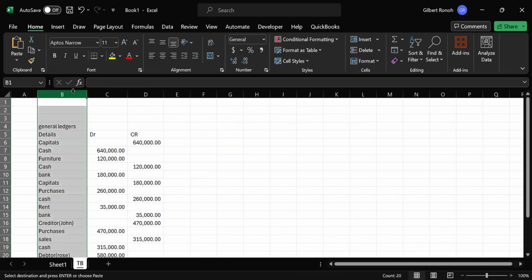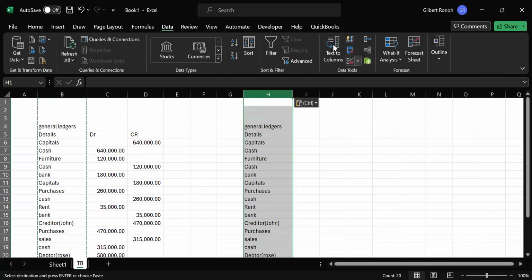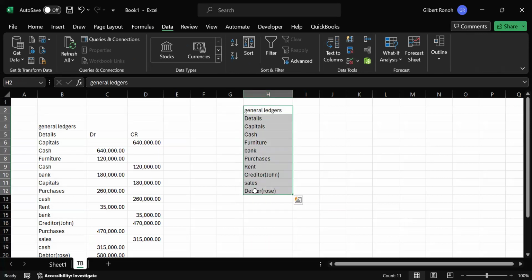So I will copy the general ledger, paste it here, and remove the duplicates by going to Data, then Remove Duplicates. These are the only accounts I have, so we call this the chart of accounts.